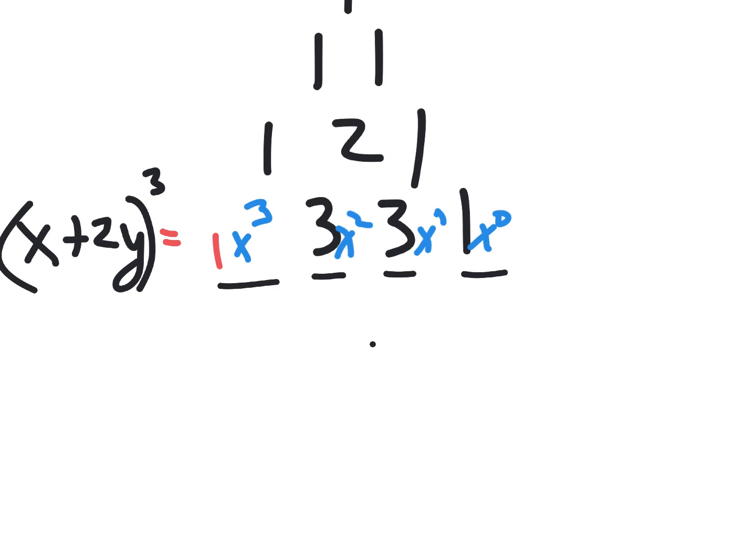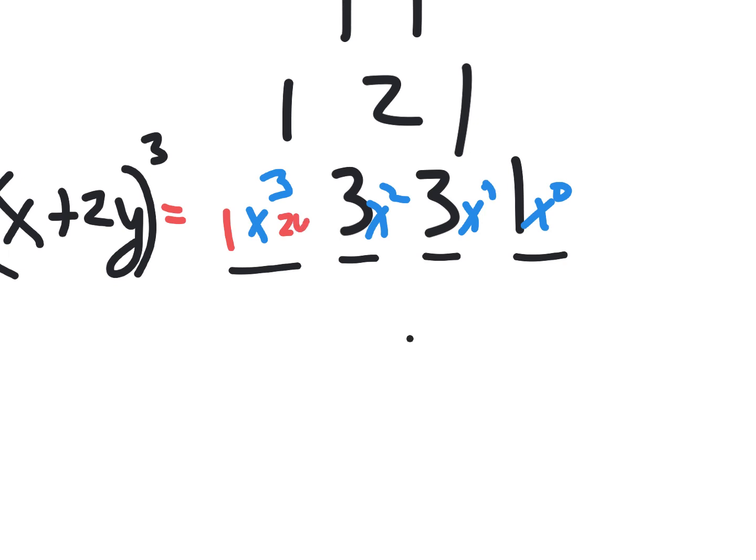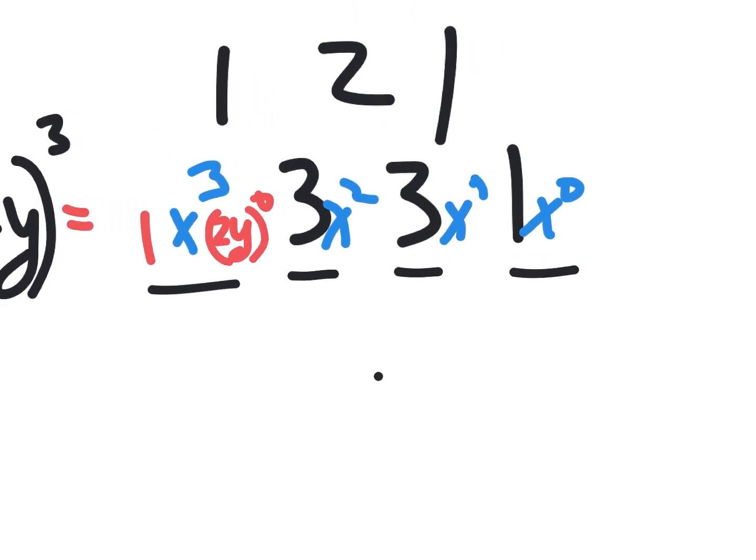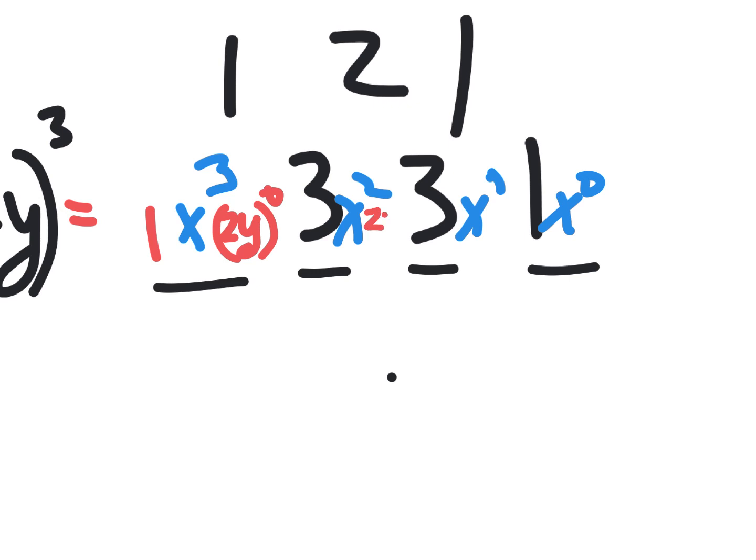Miss Paul, can you handle the 2 y's? Is it just 2y power of 0 for the first one? Yep, and you put it in parentheses like this to make sure that both parts get put to the 0, so that kind of just disappears. And then, what's the next one? 2y to the first power, 2y to the second power.